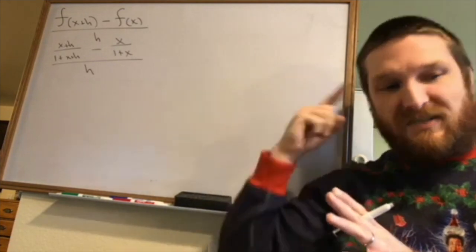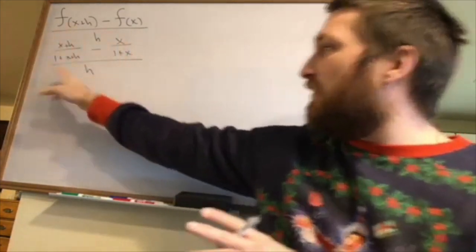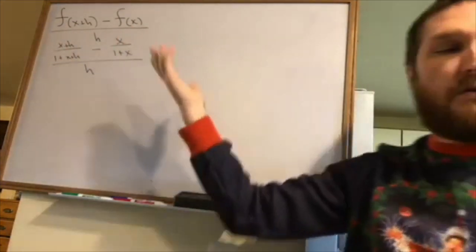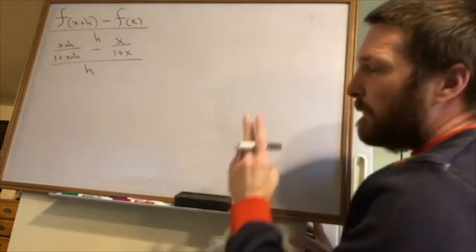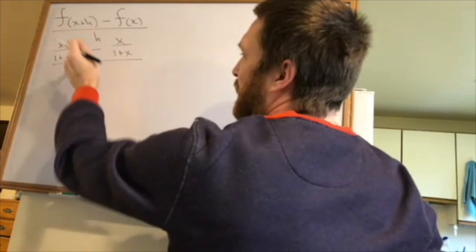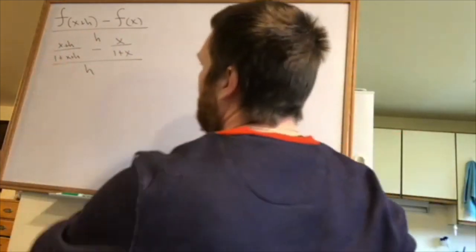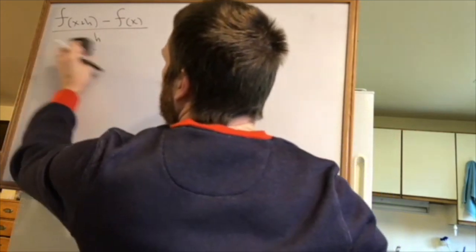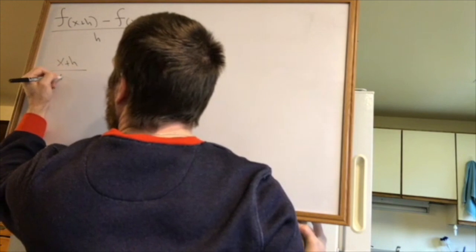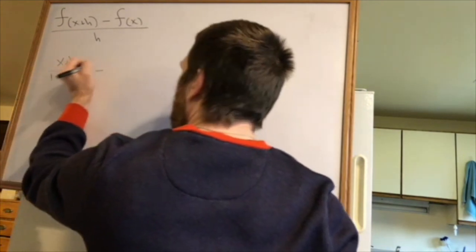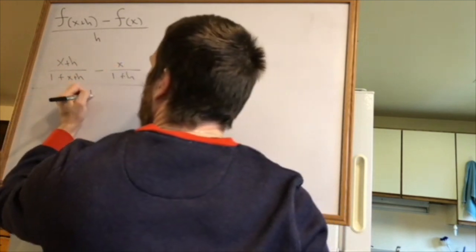Basically, when I see that, I know I need to kill these guys because I need to turn this into, you know, this is everything you've been doing in this section, right? So what I'm going to do is think about this. Give me just a second. I'm going to rewrite this: x plus h over 1 plus x plus h minus x over 1 plus x, all over h.